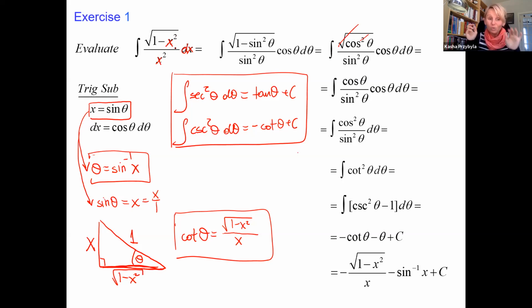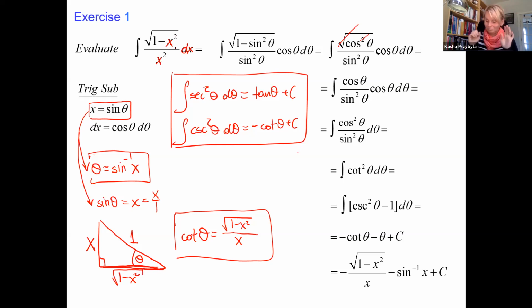When you build the triangle and find the third side, the square root must be the same as in the original integrand. If it's different, we probably made a mistake and can correct ourselves.